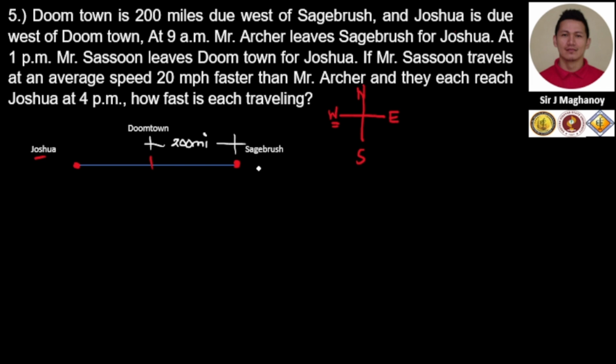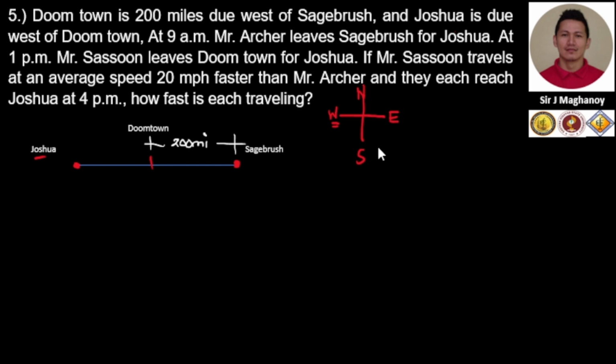Next is the direction. We have the time given at 9 a.m., Mr. Archer leaves for Joshua. For Joshua means Mr. Archer is going from Sagebrush to Joshua.